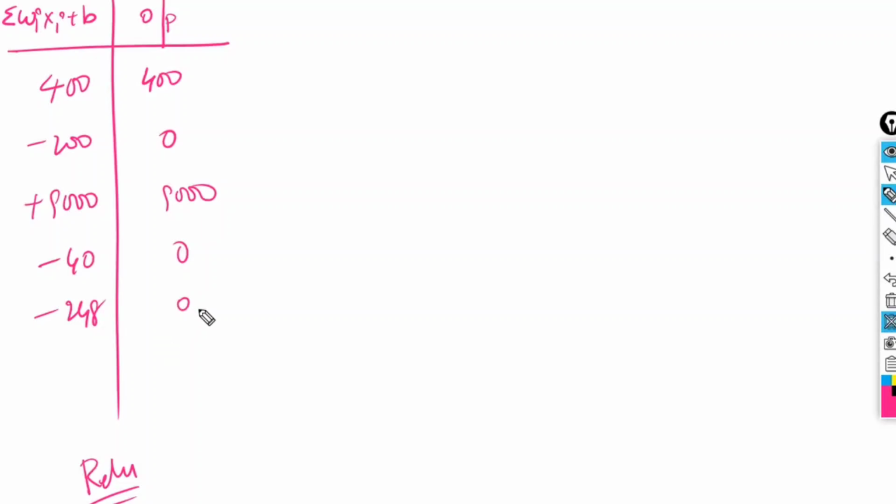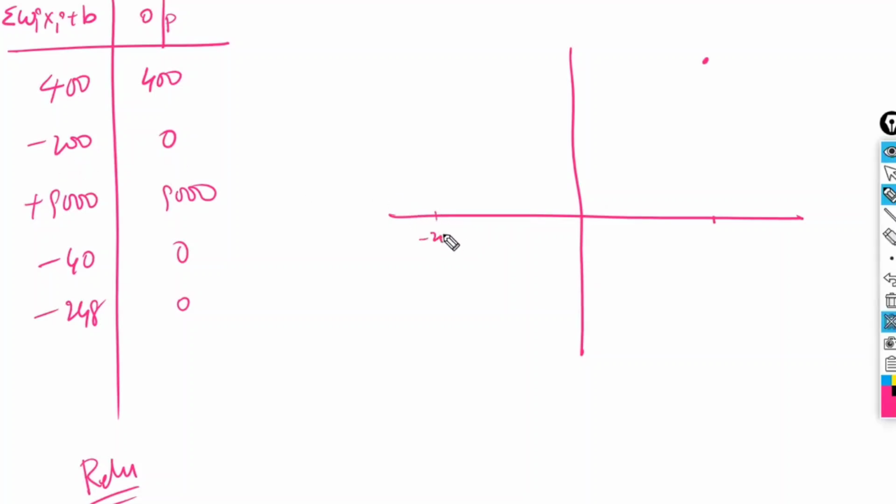The points are 400 comma 400; -200 comma 0; 9,000 comma 9,000; -40 comma 0; -248 also 0. So if you draw a line plot, all the negative values will come to 0.